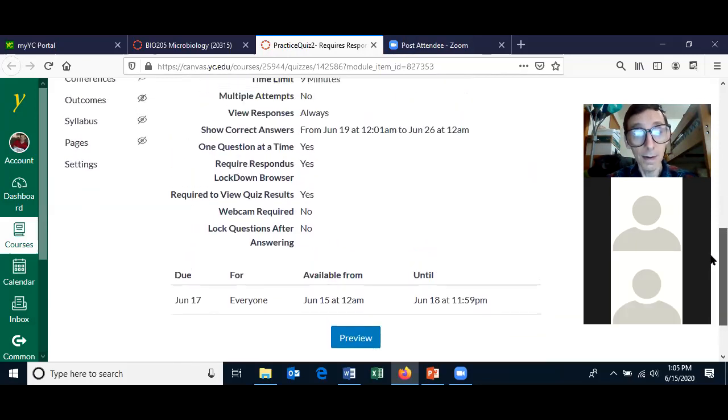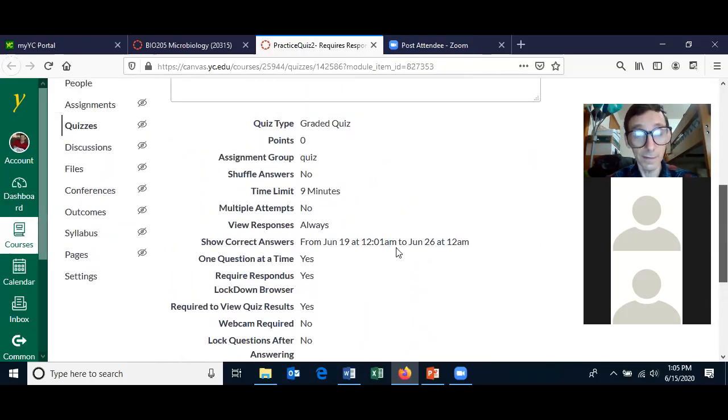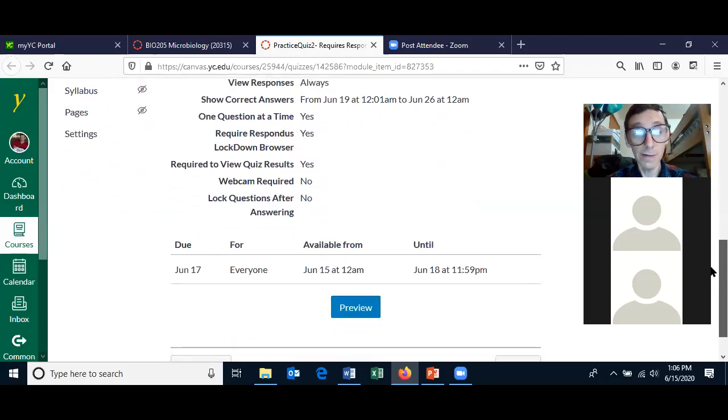What is that lockdown browser it says it requires? Yes. So it's going to be testing the lockdown browser as well as giving you a practice for quiz 2. And it is a timed test, but there's only 5 questions and you're getting 9 minutes. So that's much more generous than your other timed tests. It will be a practice for quiz 2. It's covering the same areas.